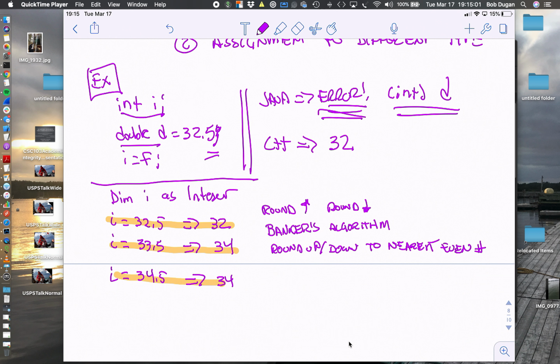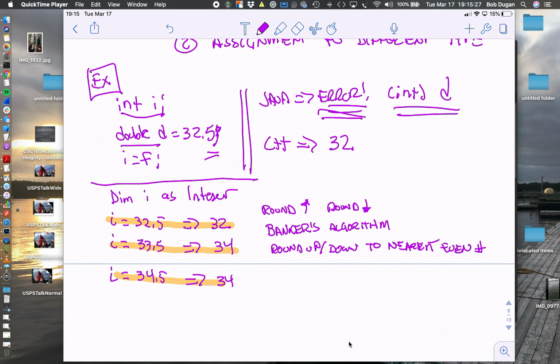If we always round down when we have a 0.5 situation, then all of the numbers, as they're being converted to integers, are going to be skewed towards lower integers. So we're going to have a little bit of bias in our data. And if we always round up, then we're going to have a skew where we have numbers that are slightly larger than what it should be.